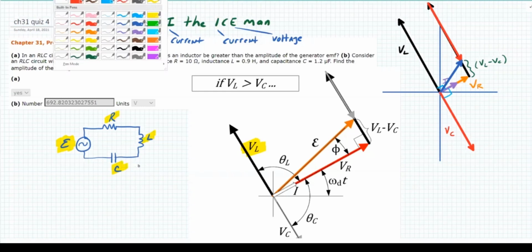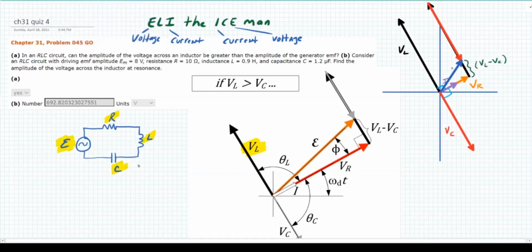Brought to you by vector addition. This is going to be my EMF voltage. So there it is. Look how large my voltage drop is across my inductor.